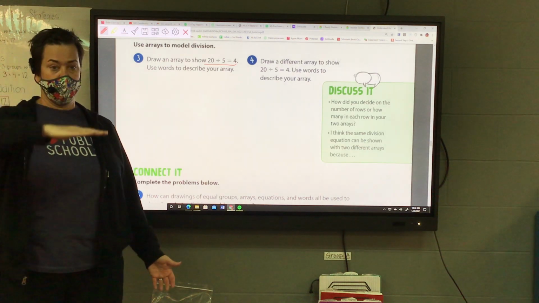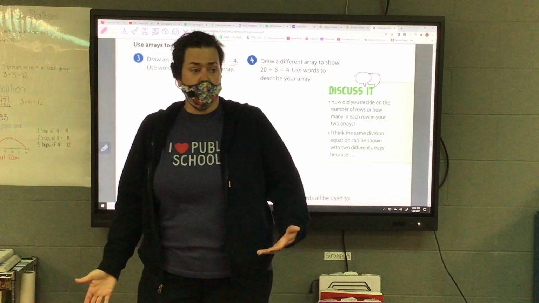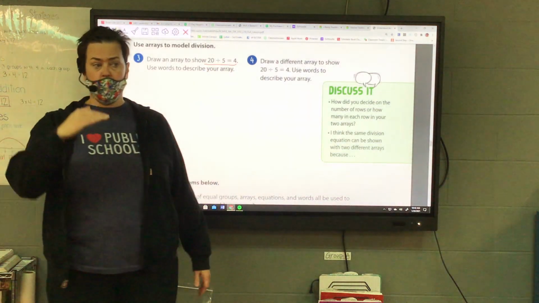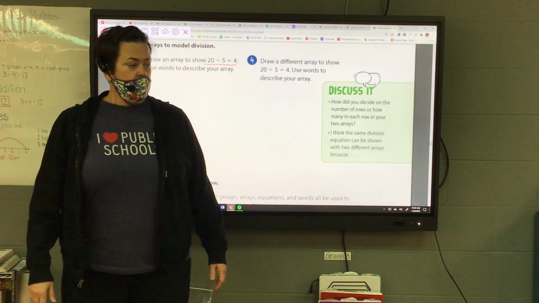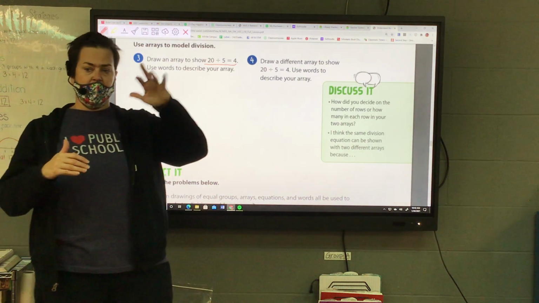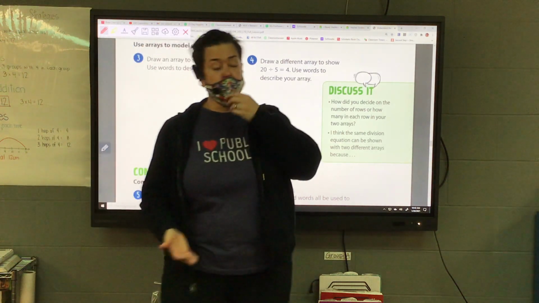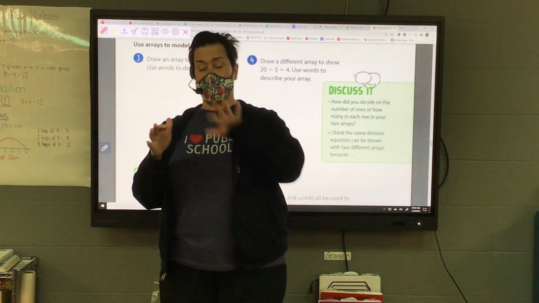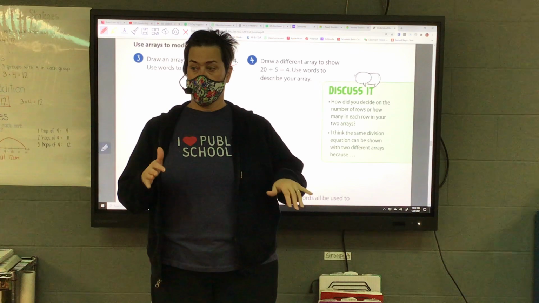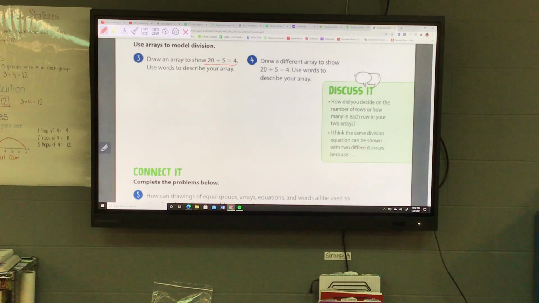Maybe 5? Or what other number of rows could we make? 4. If you do 5 rows, how many need to go in each row? 4. What if you did 4 rows? How many would have to go in each row? 5. Show me your array if you don't have it finished.